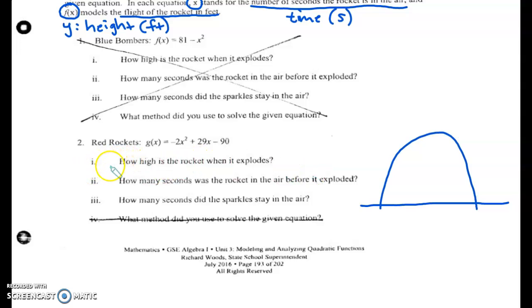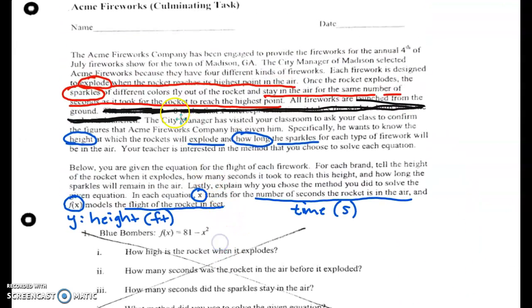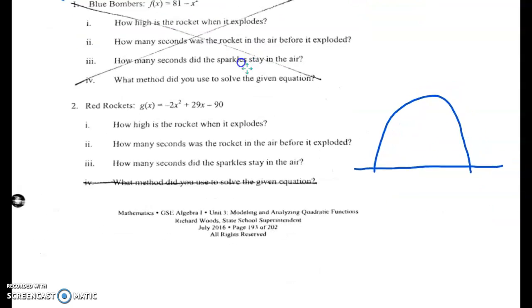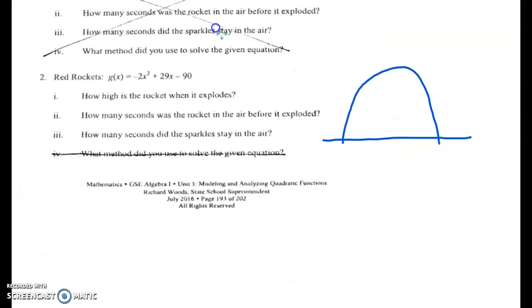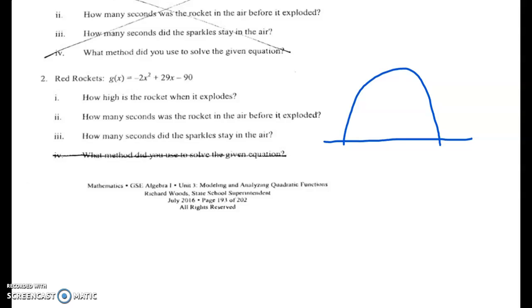Okay, so I want to know how high is the rocket when it explodes? Do you remember from up here, it talked about when it exploded. It explodes when the rocket reaches its highest point in the air. So for this one, where is the highest point in the air?